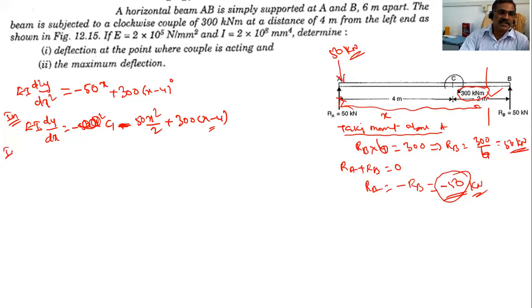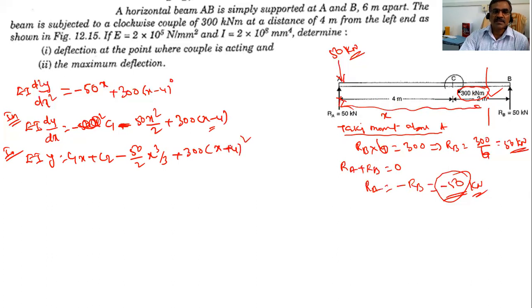Again, if you integrate, you will get EI into y is equal to C1 x plus C2 minus 50 by 2 x cube by 3 plus 300 into (x minus 4) whole square by 2.